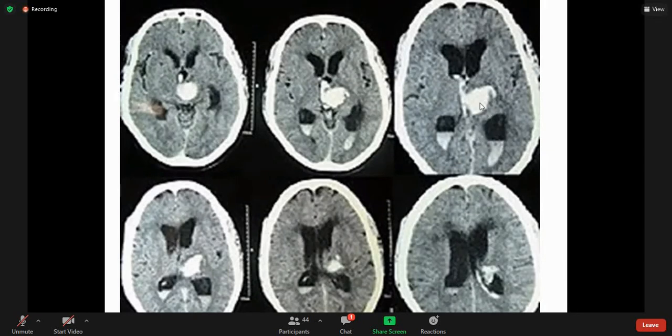So especially blood can produce both types of hydrocephalus, obstructing and non-obstructing. Non-obstructing, because the pathology is outside, which is causing the obstruction.